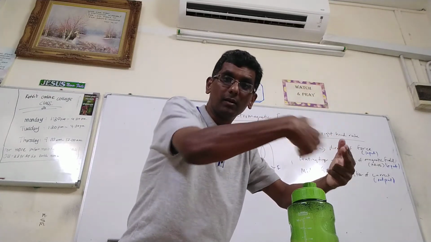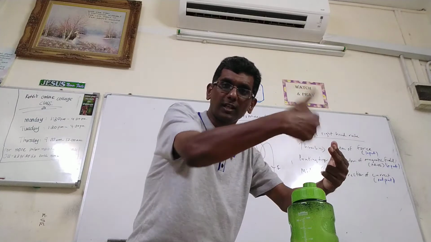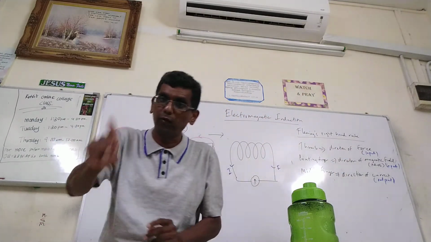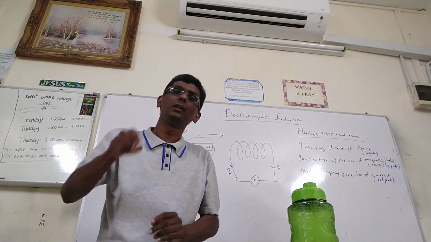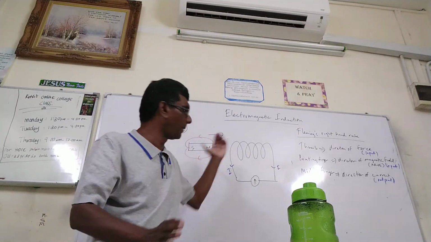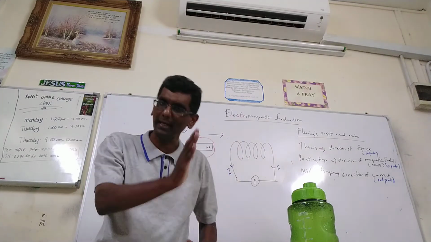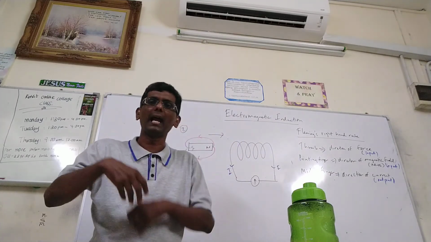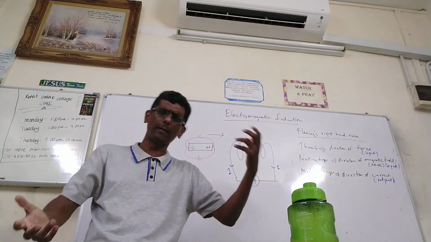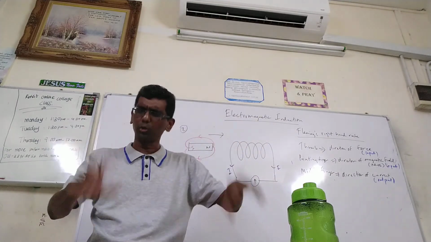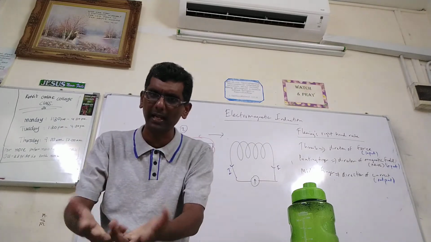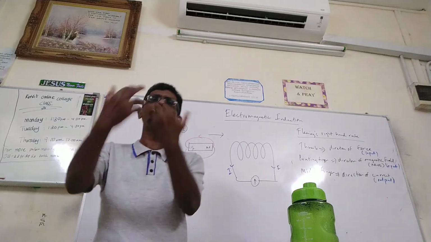But for Fleming's right hand rule, you must give the force. You must move the conductor or magnet. Both rules have a magnetic field supplied. So magnetic field and force are supplied in order to produce current.